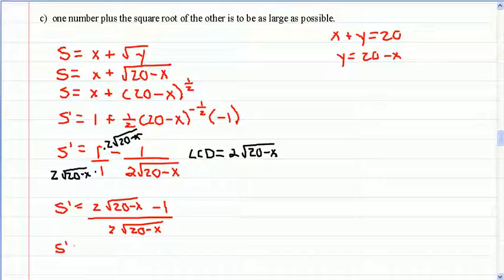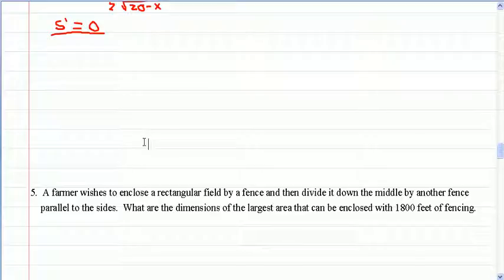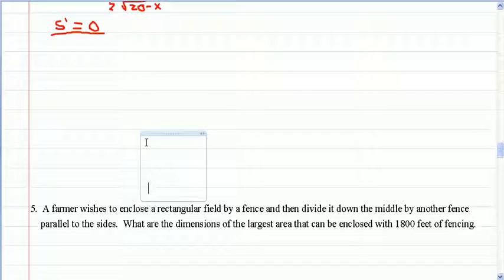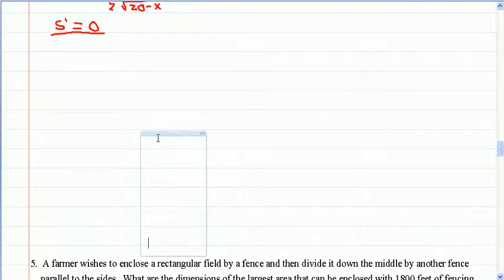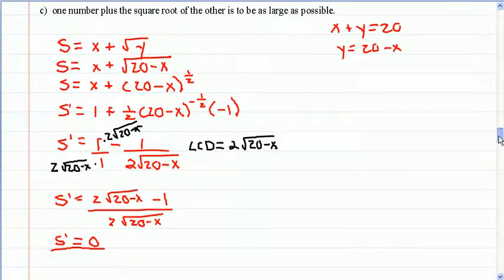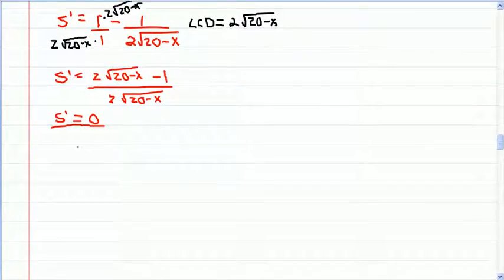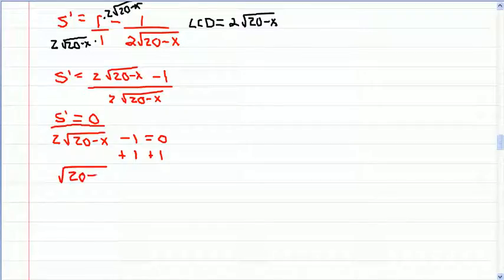And if I take the first derivative and set it equal to 0, I take 2 times the square root of 20 minus x minus 1 equals 0 and solve for x.